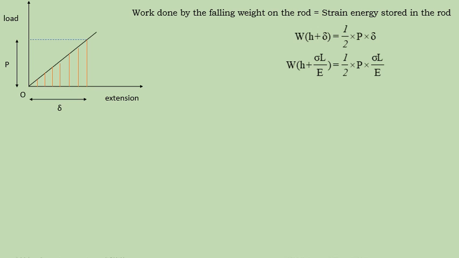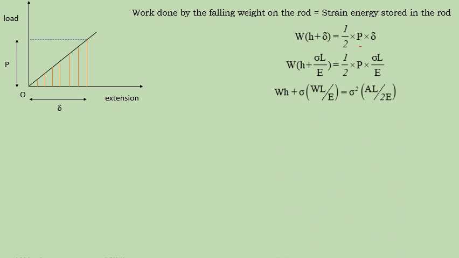So delta is nothing but PL by AE. P by A is nothing but sigma. So we have written sigma, and as it is we are writing L by E. So here half into P as it is, and in place of delta, sigma L by E, because delta is PL by AE.